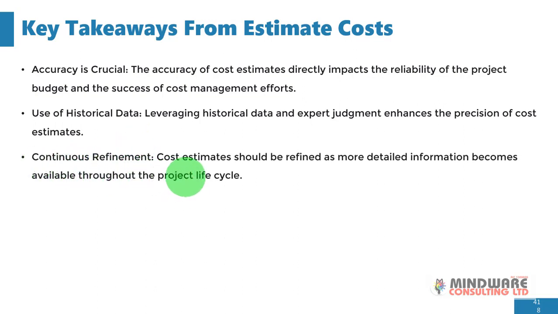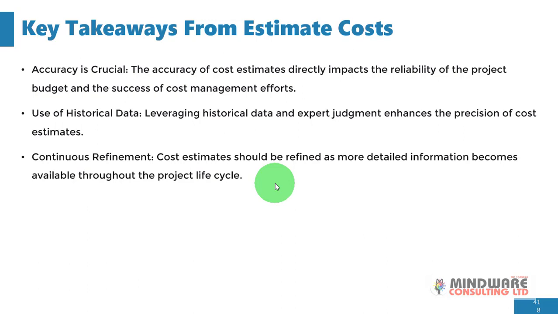Continuous refinement. Cost estimates should be refined as more detailed information becomes available throughout the project life cycle. So this is important for you to continually refine the costs, okay, as new information is available to you.